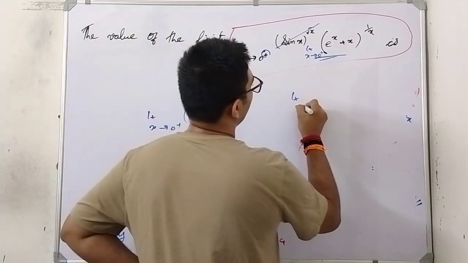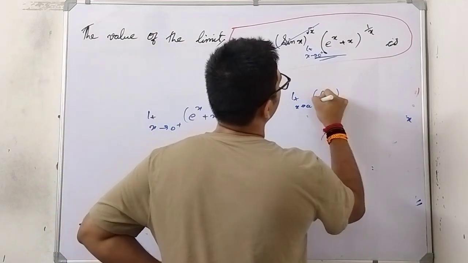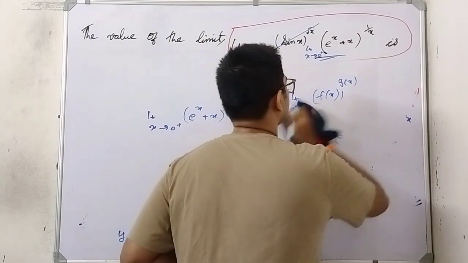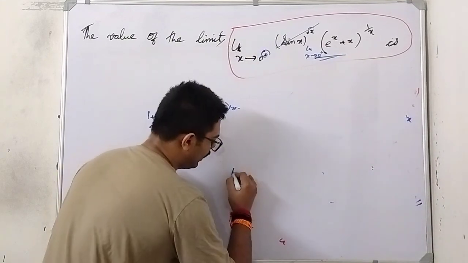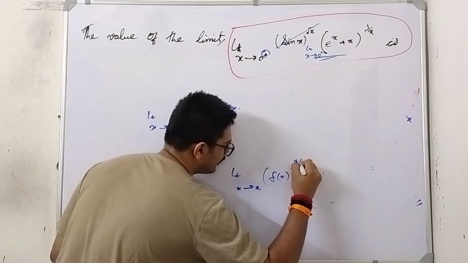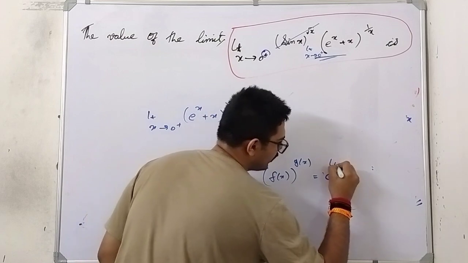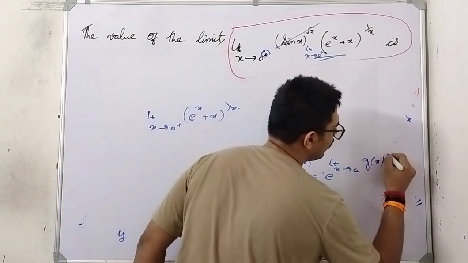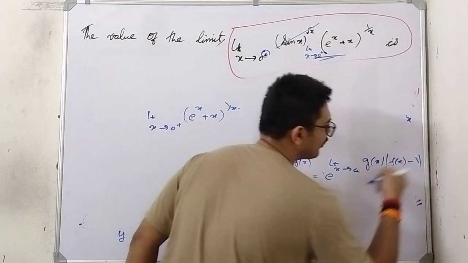Limit x tends to a, f of x the whole raised to g of x, will be e raised to the same limit x tends to a, the power g of x into the base function f of x minus 1.